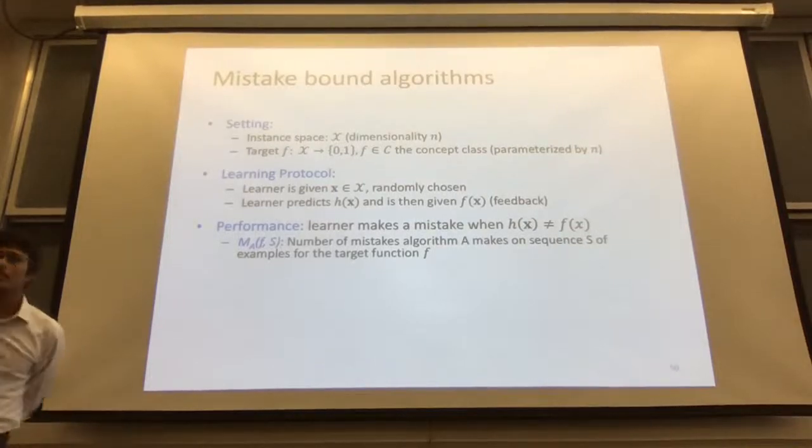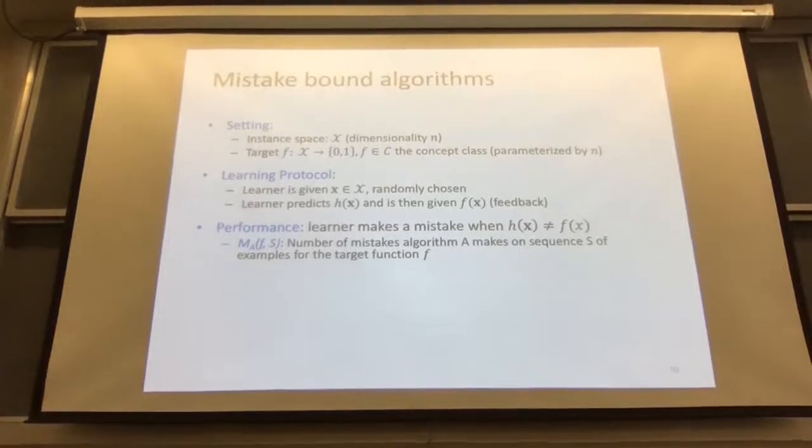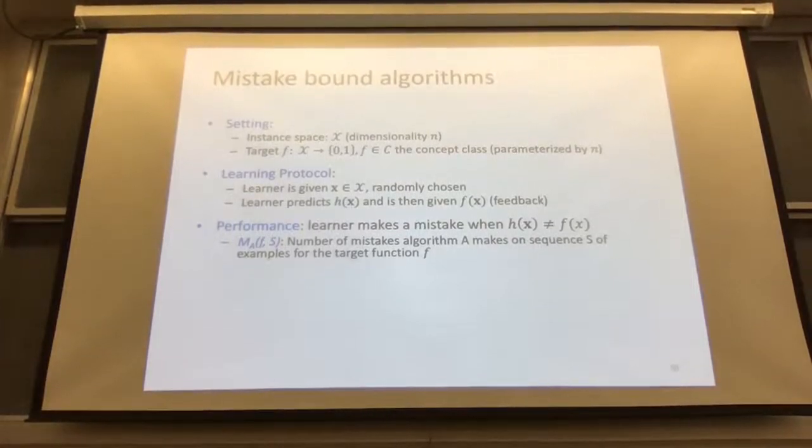One quantity of interest could be, say we have a sequence of examples S, and the learner is currently running an algorithm A on the sequence of examples S, and let's say the true function is f.